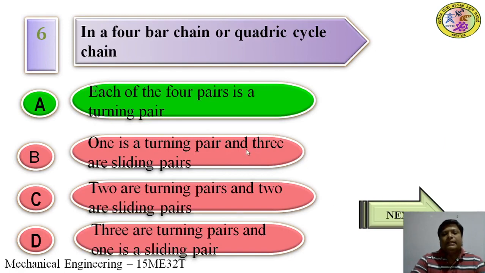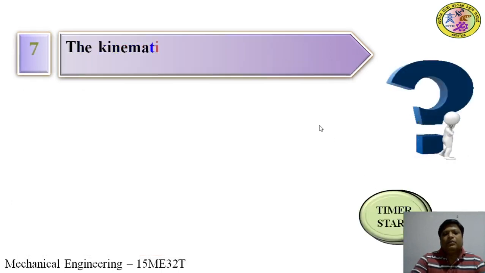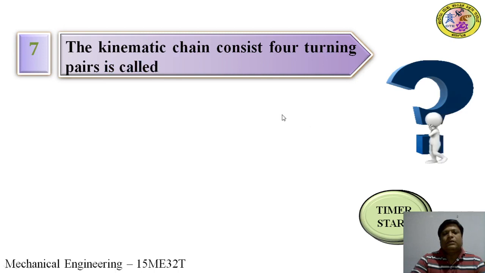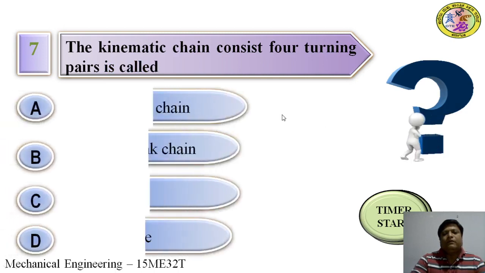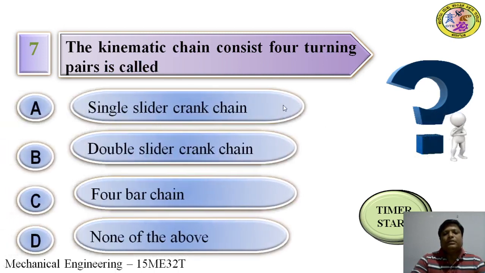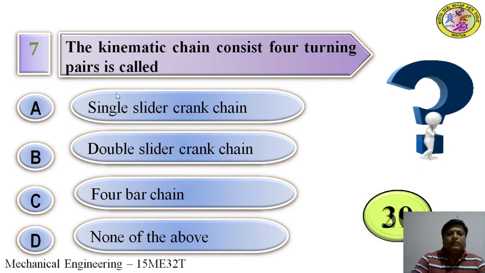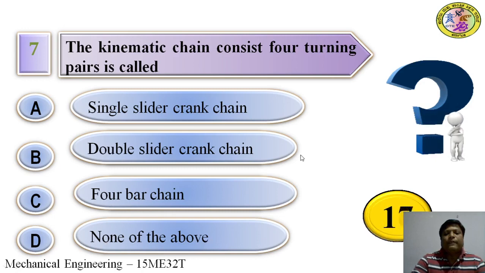Question number 7. The kinematic chain consisting of 4 turning pairs is called: option A, single slider crank chain; option B, double slider crank chain; option C, 4-bar chain; option D, none of the above.